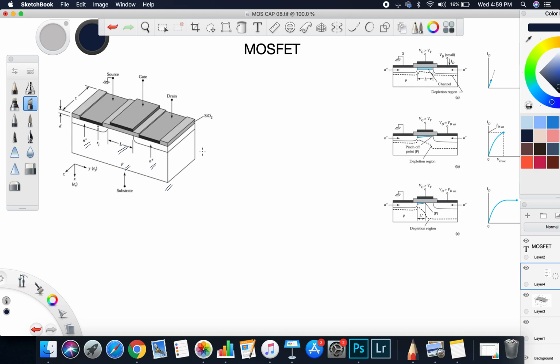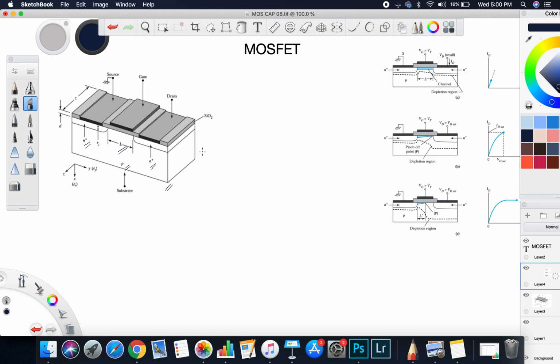The device had a channel length of around 20 micrometers and a gate oxide thickness of around 100 nanometers. Although present-day MOSFETs have been scaled down considerably, the silicon and thermally grown silicon dioxide used in the first MOSFET remains the most important combination. And most of the results in this discussion are obtained from the silicon dioxide system.